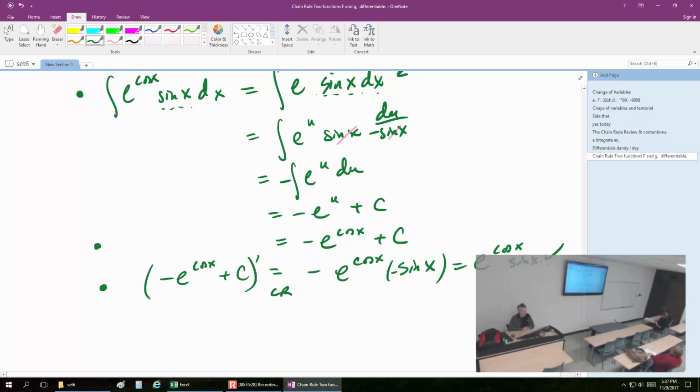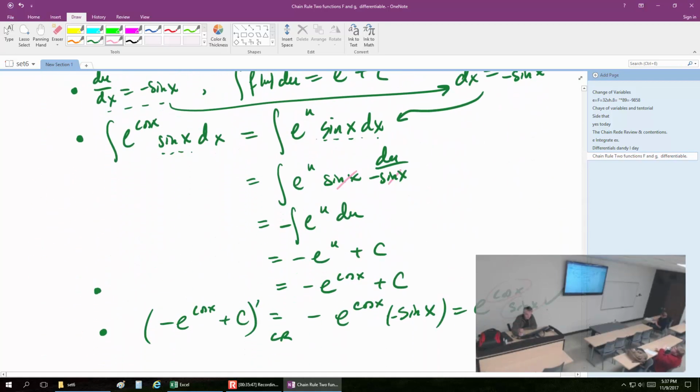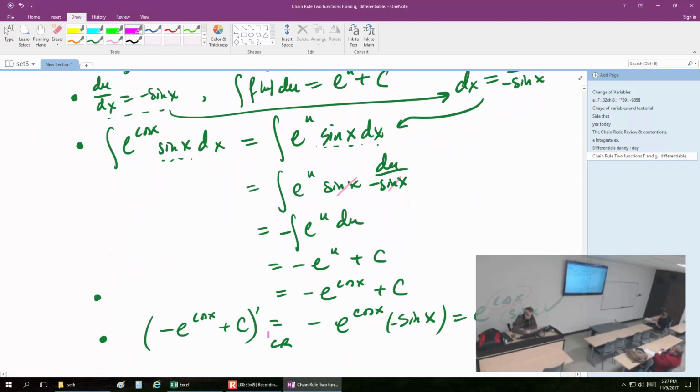Everything is fine. In retrospect, you recognize where things came from. One is the derivative of the other, and that's how it works out. You realize again that this is all about the chain rule.